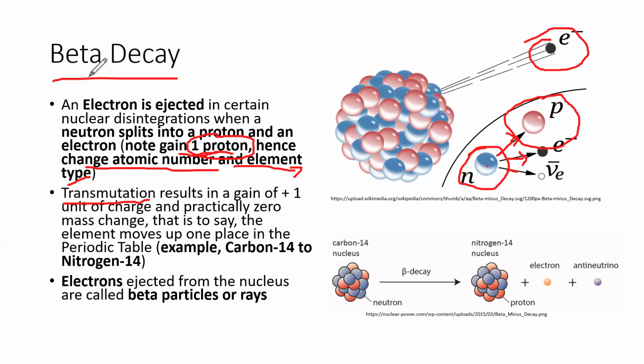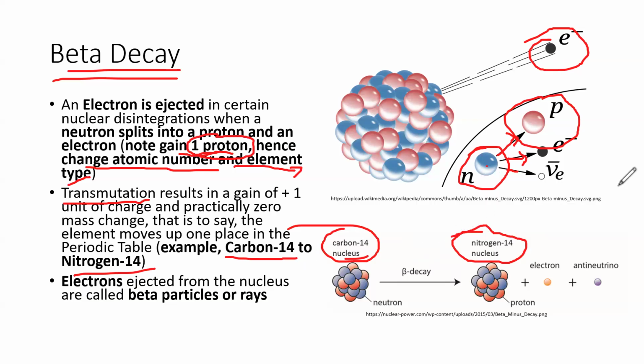For beta decay, one common example is the decay of carbon-14 into nitrogen-14. So carbon-14 here gains one proton, so it actually transmutes into nitrogen-14, and you have an electron and an anti-neutrino being ejected during beta decay.